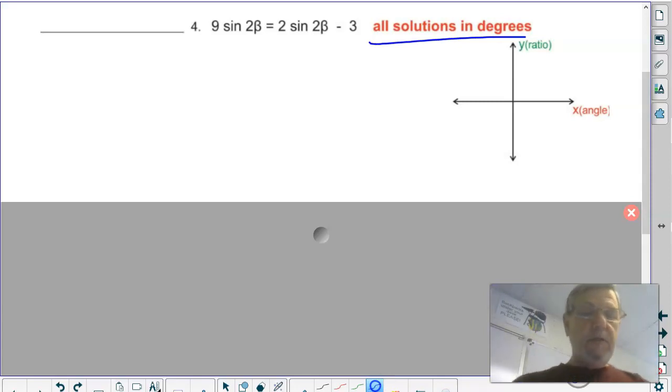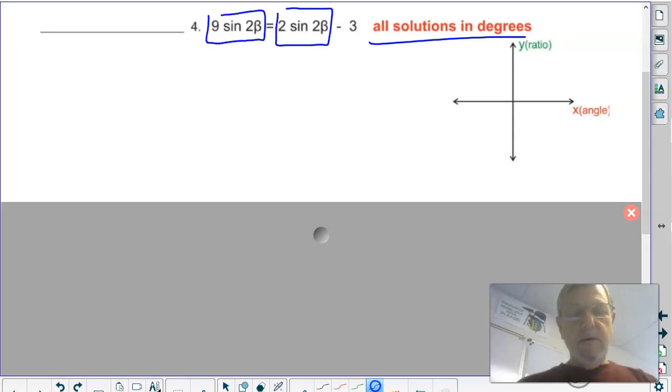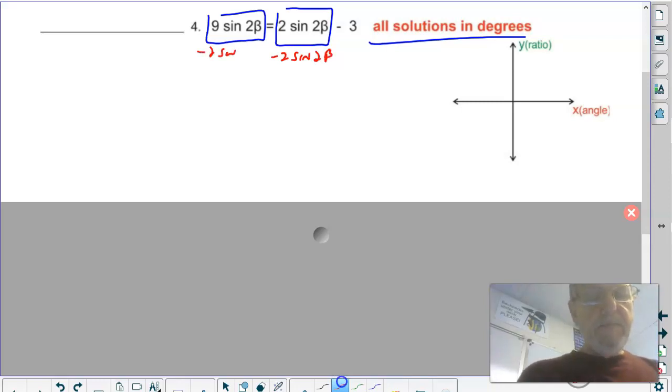Well, thankfully, all I need to do, there are 9 of them on the left and 2 of them on the right. So here, I'll show it to you. I'm going to add a negative sine 2 beta to both sides, right? And that makes the left side now 7 sine 2 beta.